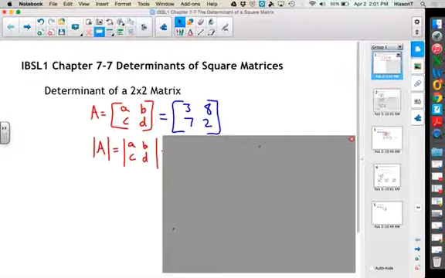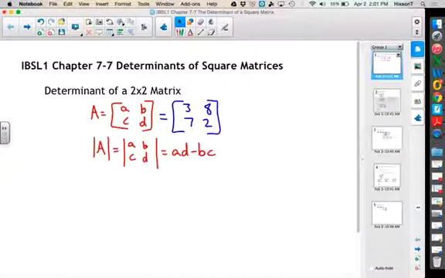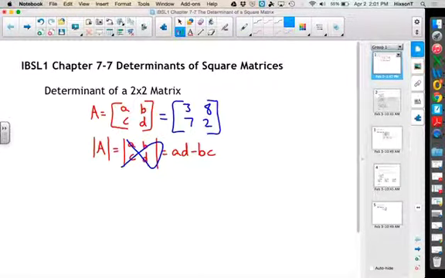How did we find the determinant of a 2 by 2? It was part of getting the inverse of a 2 by 2, and it was AD minus BC. You multiply the diagonal, multiply that diagonal, and subtract it. The fish method.